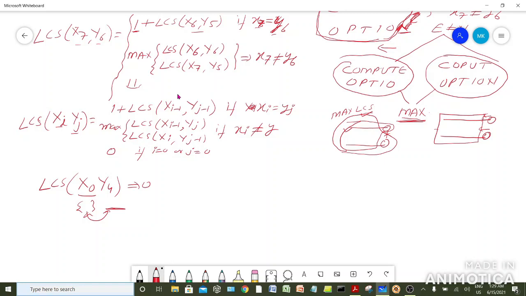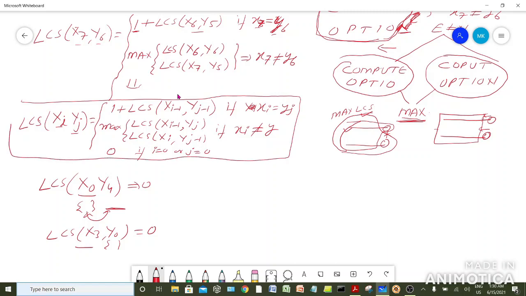And in the same case, if we wish to have LCS of x of 3 and y of 0, and again this is the null, this is the 3 character string, and the common subsequence is going to be having the length equal to 0. So this third case is for the case when i was equal to 0, j was equal to 0. So this is the generalized equation for generating the LCS.